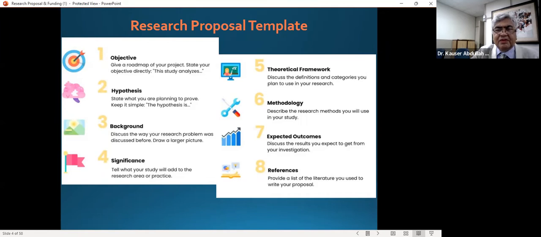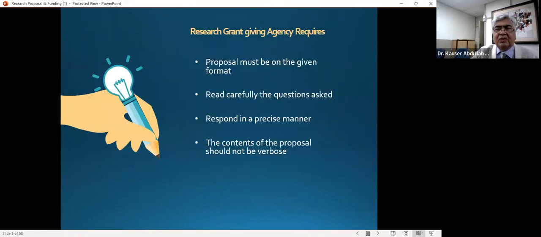This is another very important aspect of it, that every research grant giving agency has its own format for writing the proposal or the components of that. You must read the questions very carefully, because these must be answered in a very precise manner.